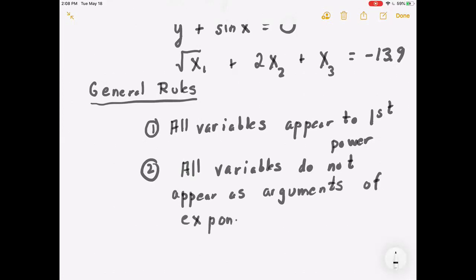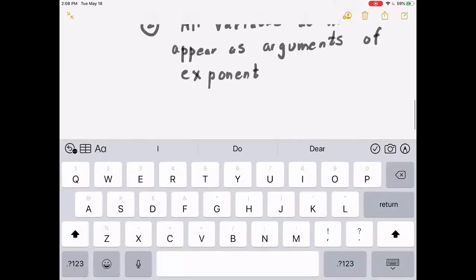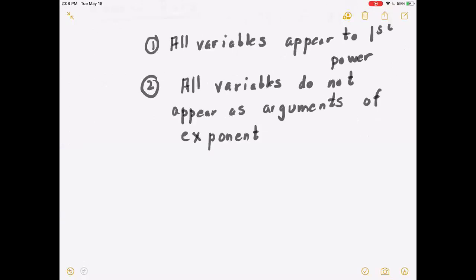They can't appear as arguments of exponential or trigonometric or logarithmic functions.